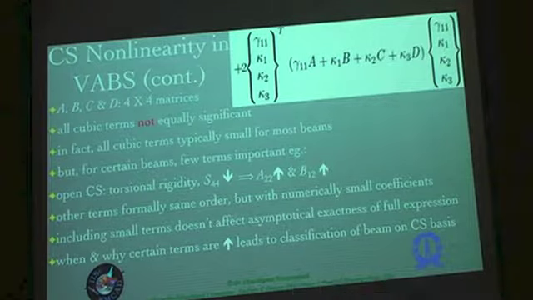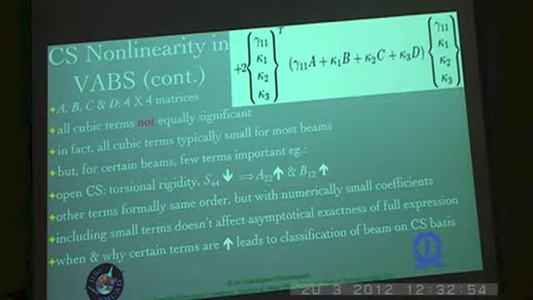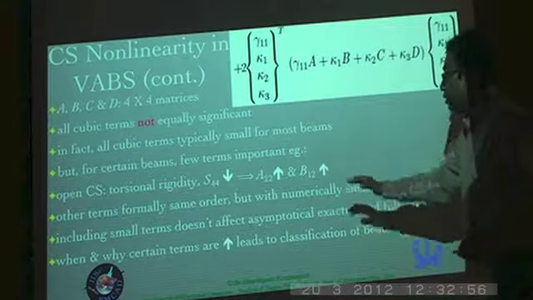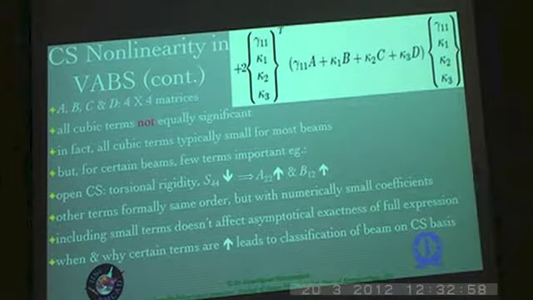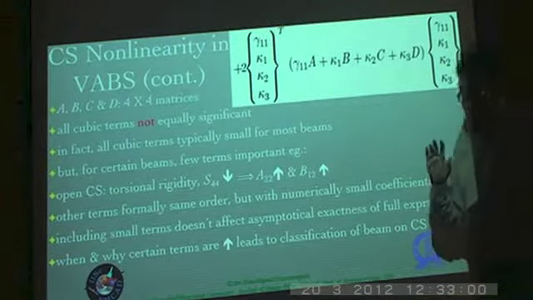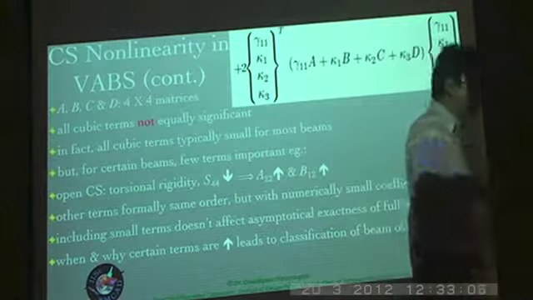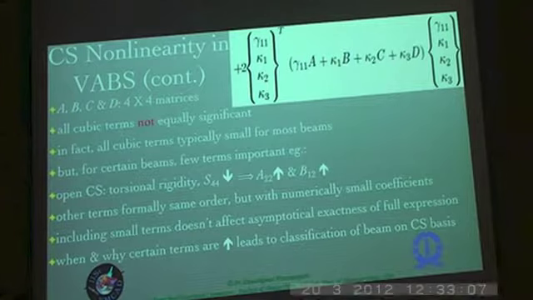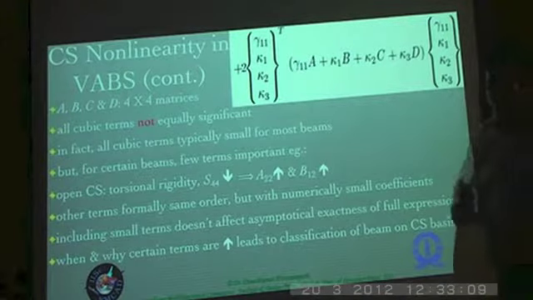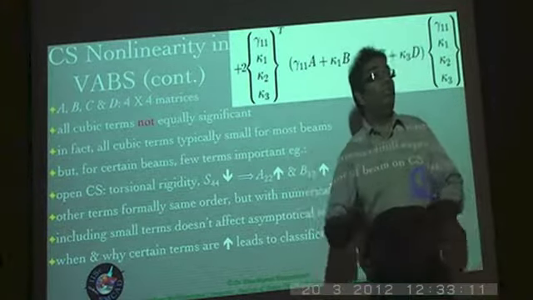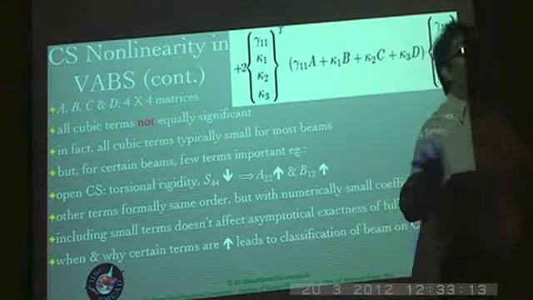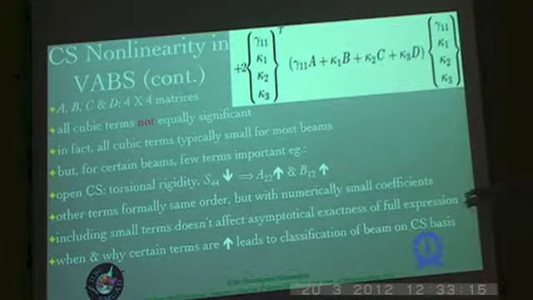Whether you include those terms or not is not going to make much of a difference. So including small terms does not affect the asymptotical exactness of the full expression, because if you leave out large terms, you are going to be in a problem. If you are having additional terms which are contributing numerically very small values, of course it's going to affect your computational efficiency, but in terms of the accuracy it's not going to make any difference at all.